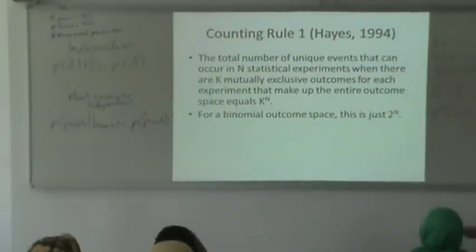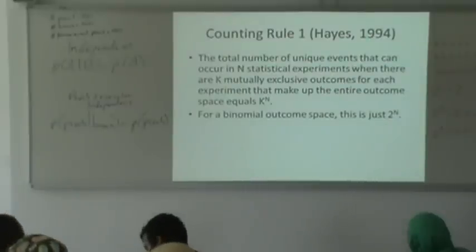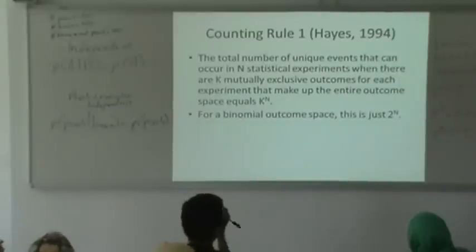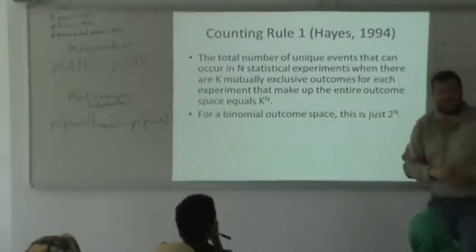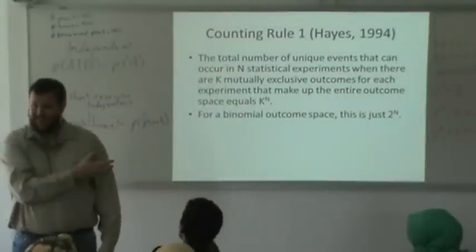What's K? 2. And n is 3, so 2 times 2 times 2 equals 8. You can see that I was having difficulty listing all 8 out.